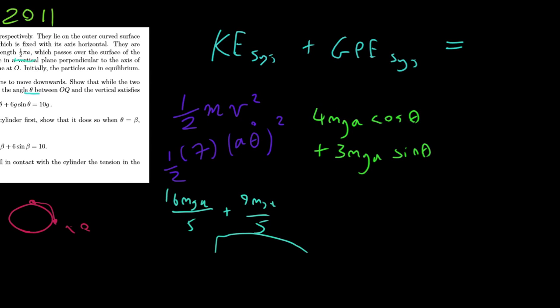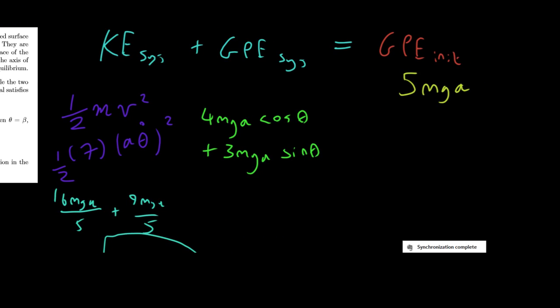And we're nearly done now. I guess we just have to cancel some constants and multiply across. What's common here? In each case we're going to cancel the m, and we're also going to cancel one of those a's. So that'll give us a theta dot squared. We're just going to multiply across by 2.